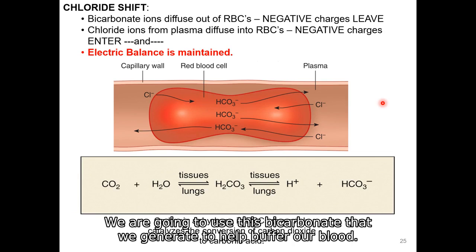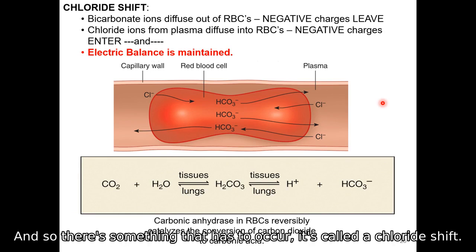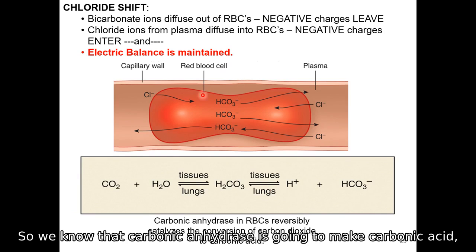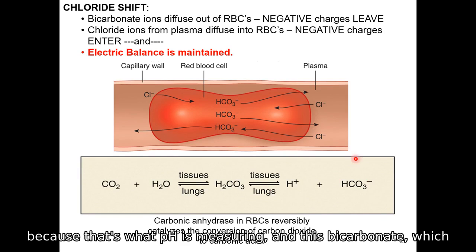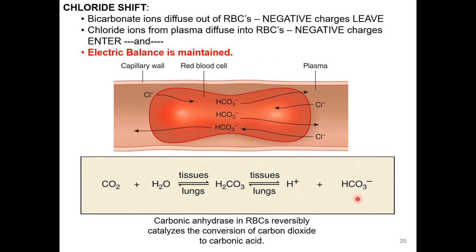We are going to use this bicarbonate that we generate to help buffer our blood. And so there's something that has to occur. It's called the chloride shift. So we know that carbonic anhydrase is going to make carbonic acid, and then it's going to dissociate into a hydrogen ion, which is in essence acid, because that's what pH is measuring, and this bicarbonate, which is actually a base.